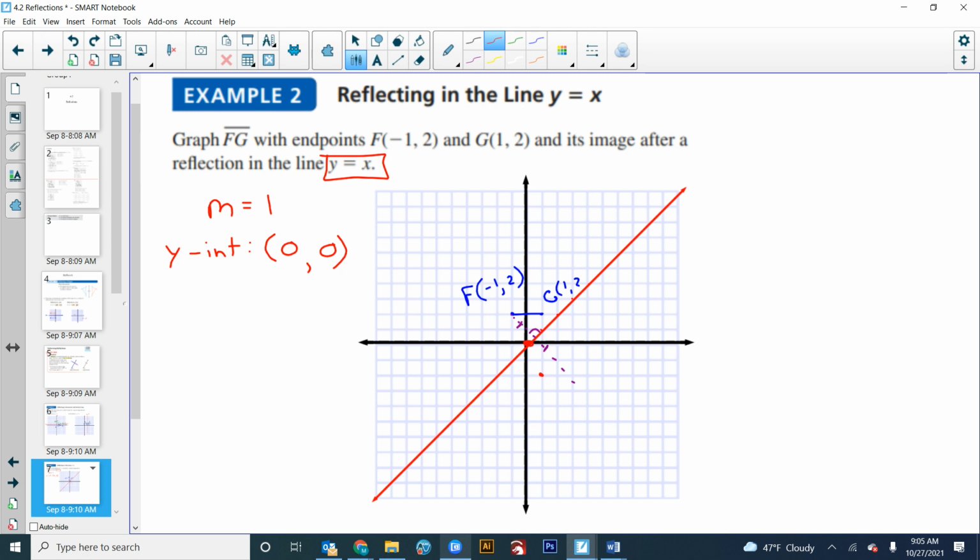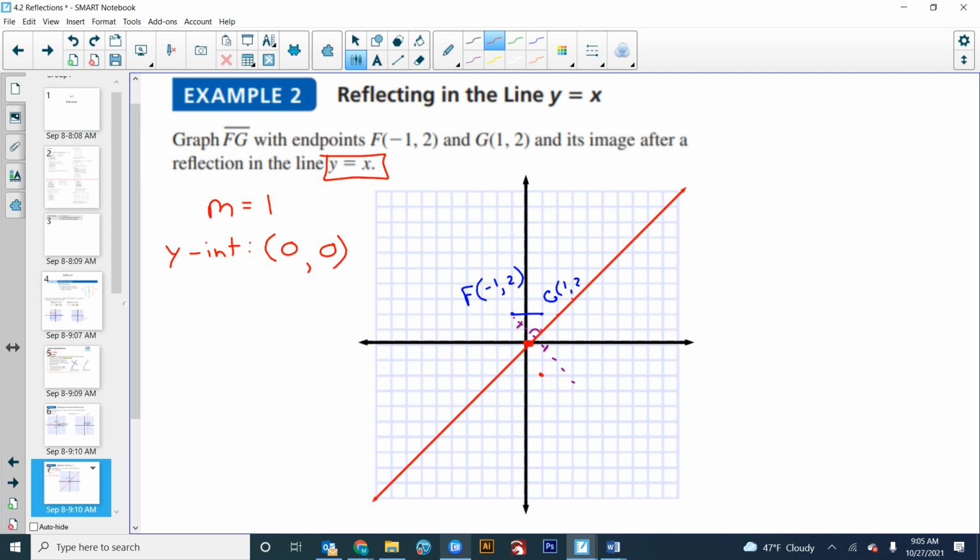That's like our new mirror. They told us, reflection over the line y equals x. And they use the word in. I hate that. It's image after a reflection in the line y equals x, or a reflection in the x-axis, a reflection in the y-axis. I prefer to say reflection over the x-axis, or over the line y equals x.